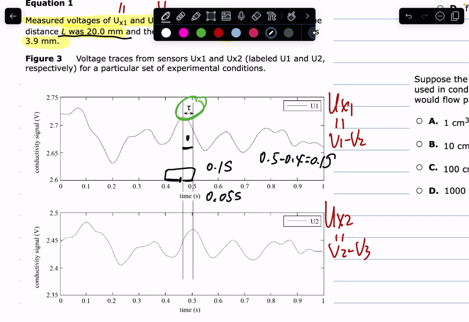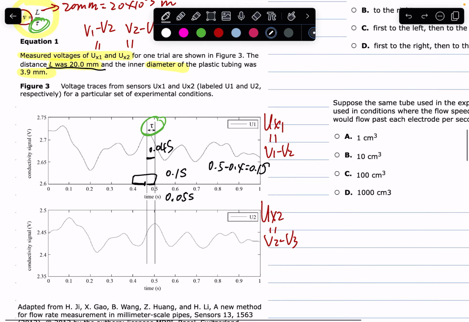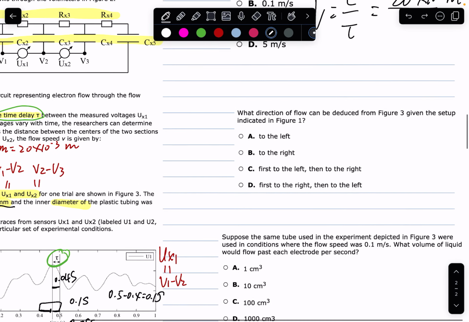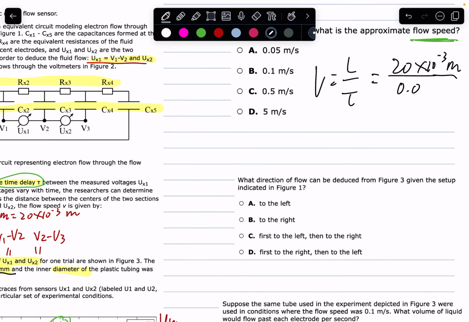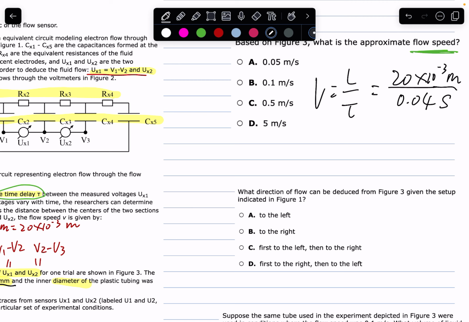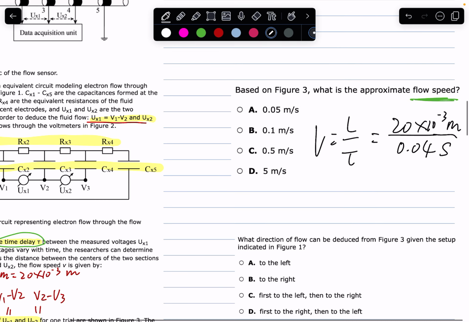So I would say this is 0.04 second-ish. Or I can even use this one, there's really not too much difference. If I plug in the numbers, my L is this much meter over 0.04 second, and that gives me 5 meter per second. Okay, that is the calculation you need to do for this.